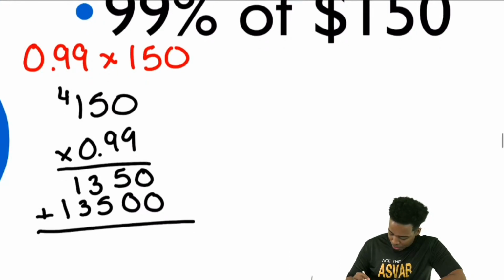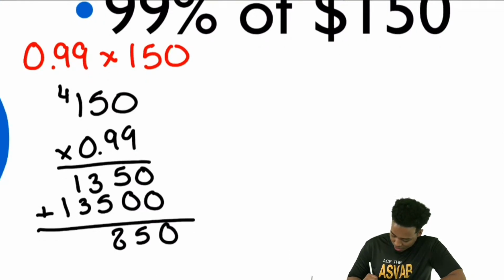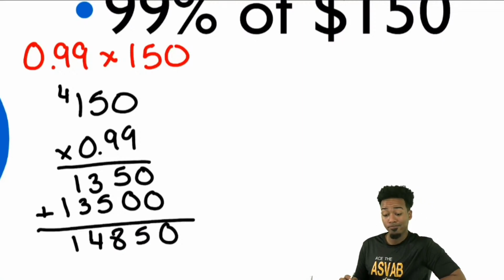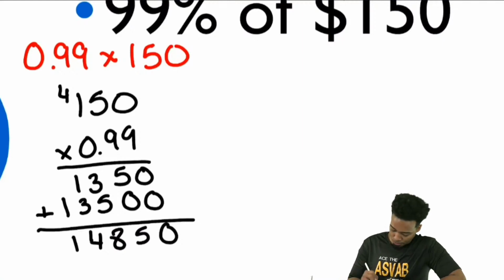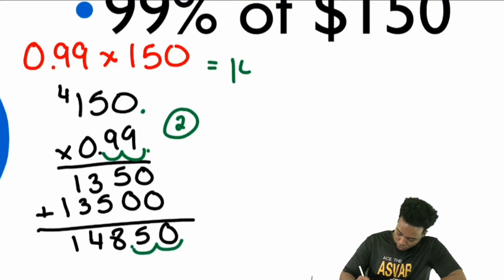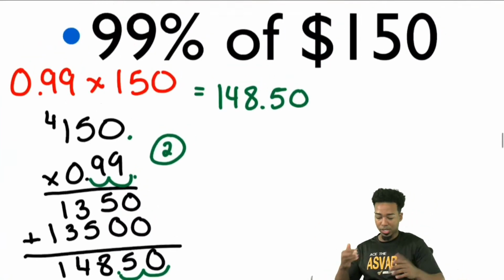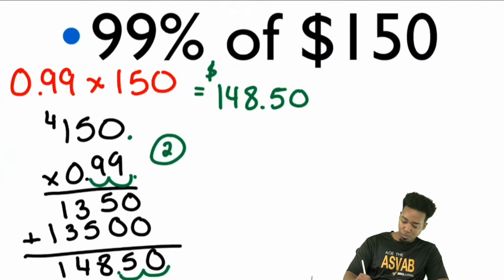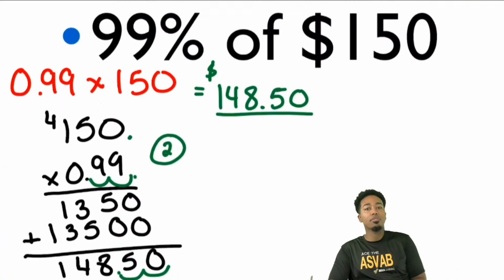Add that all back. We end up getting 0, 5, 8, 4, and 1. Everybody, how many decimal places are we going back? 2. We have the decimal there. Then we have 1, 2 there. Boom, boom. And so we end up getting 148.5 or 148.50, whichever way you want to say it. Since it's money, I'll go ahead and leave it as 148.50. And there we have it.